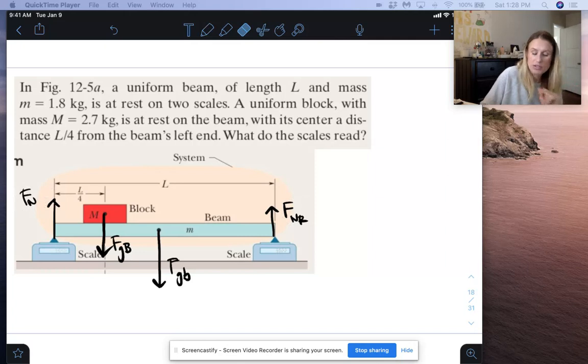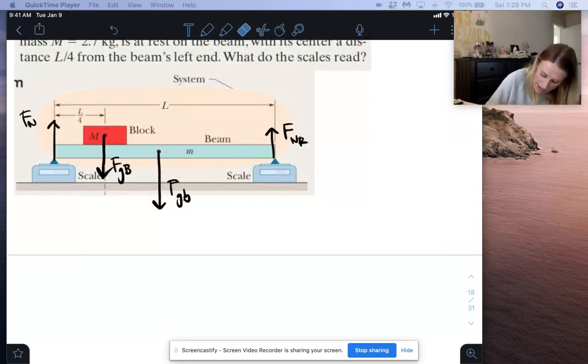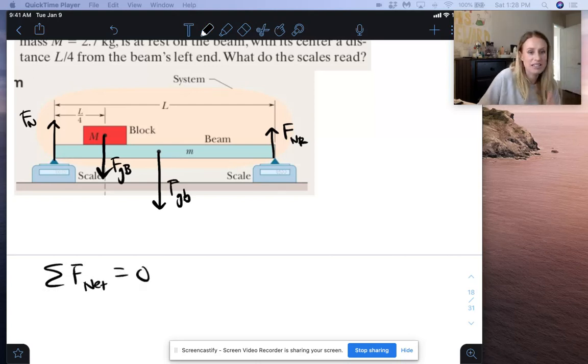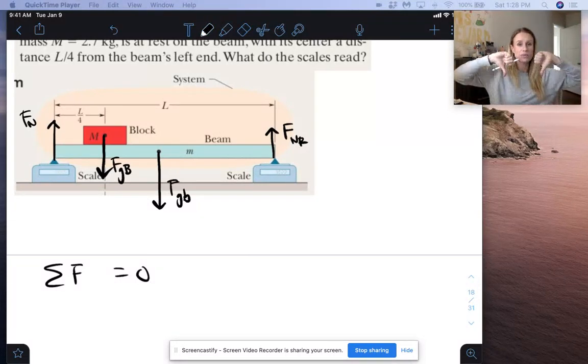First and foremost, this is equilibrium, so our net force is 0. Net force on this object is equal to 0. You don't need both the sigma and the net. So net force equals 0, which means the up forces equal the down forces.